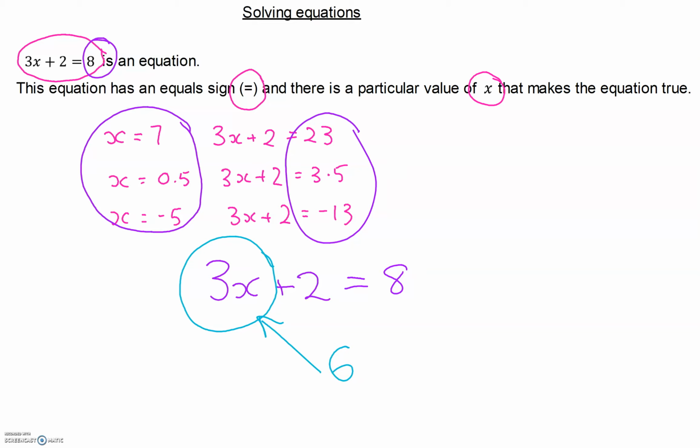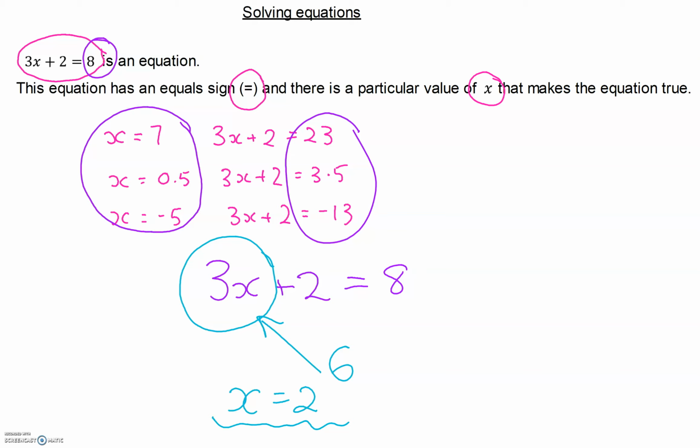And if the value of 3x is 6, then we can work out what the value of x is. If we have 3 x's and all of those x's have to be the same, then each individual one must be 2. So I expect you've already realised that x equals 2 is the answer to the problem that we're solving with an equation.